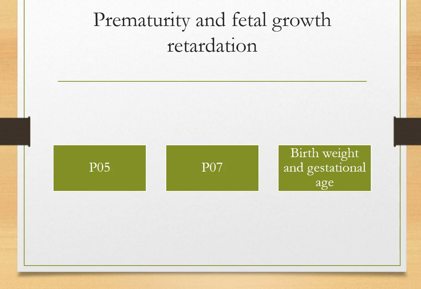Has to be documented. In those situations when you have birth weight and gestational age, two codes from category P07, take a look at that category, should be assigned with the birth weight being sequenced before the age.